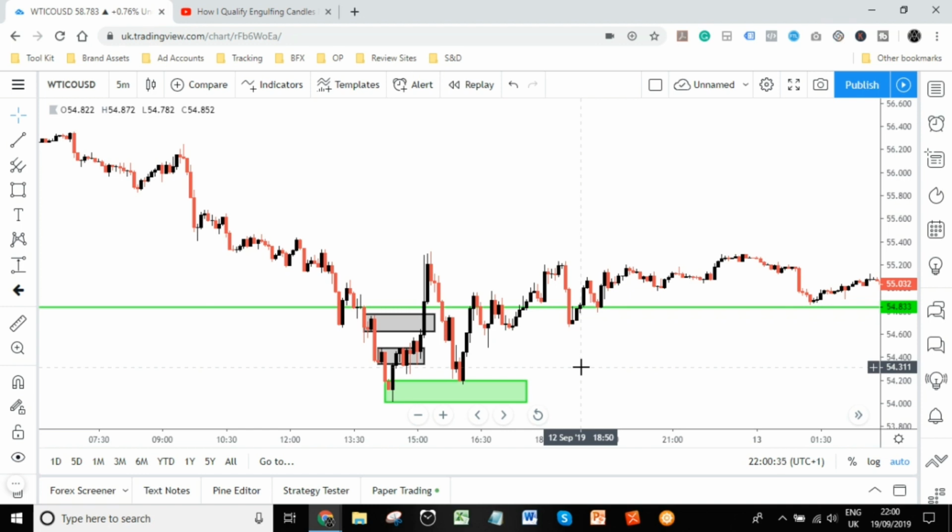You could probably zoom down to the 4 or to the hourly just to see if opposite zones are being broken, if you really want to pay attention to that kind of thing, instead of just walking away and leaving it. That's entirely up to you. Or if you actually have the time and you see demand zones which are holding, you could possibly add positions to trades as well, right? But right now, let's just keep it really simple.